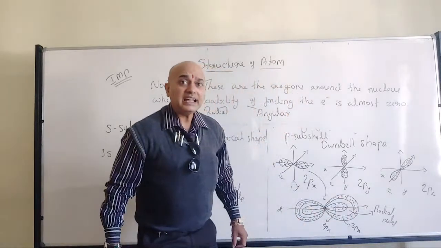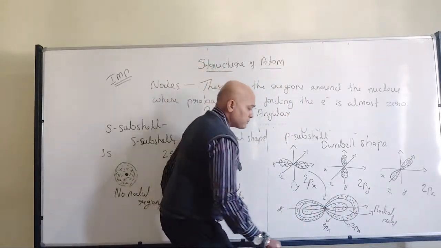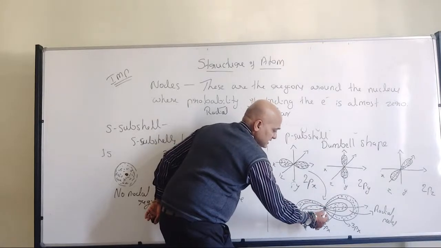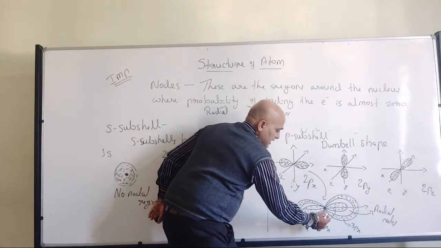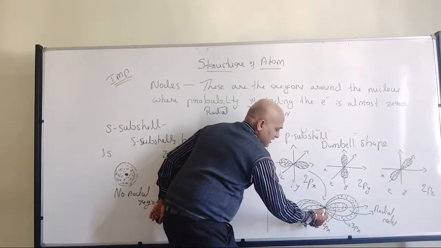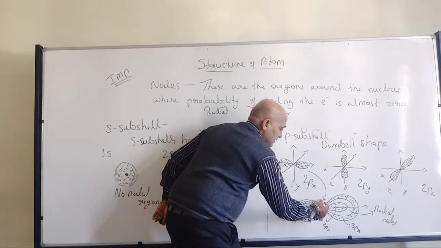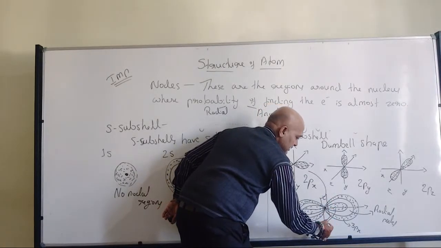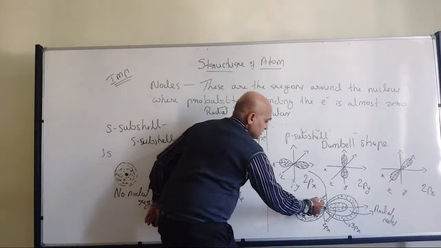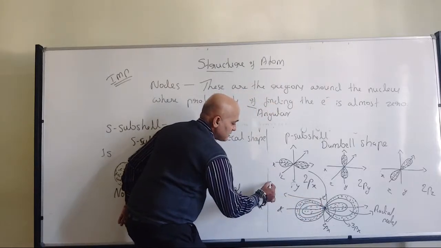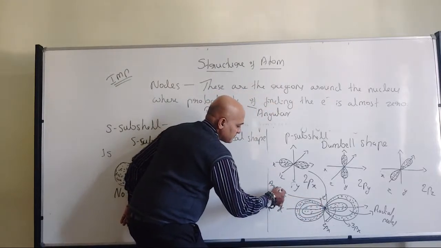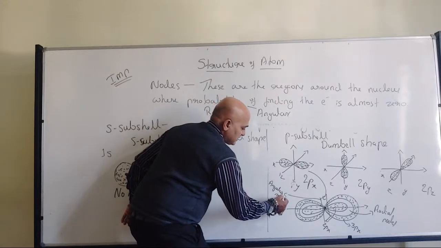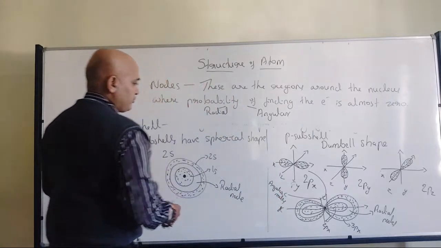Now if I observe this region carefully, there are no electrons, directly the nucleus is there, no electron density. And since it will be at a particular angle, I will make it as angular nodes.